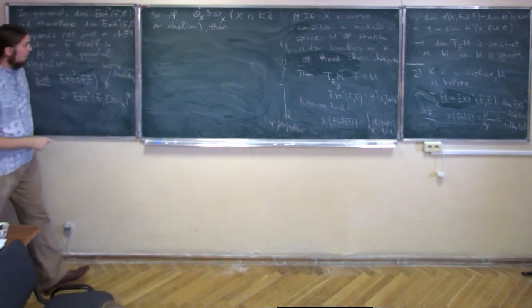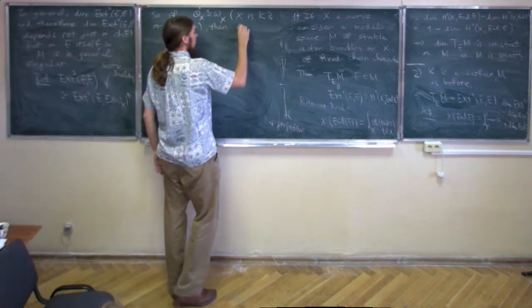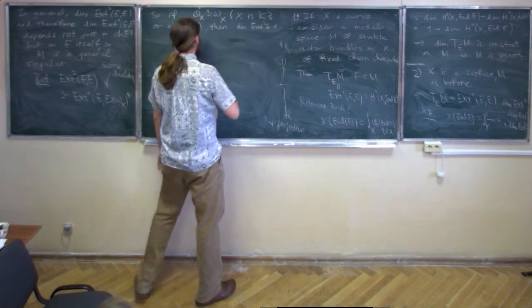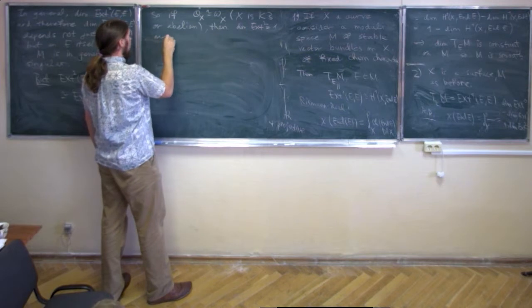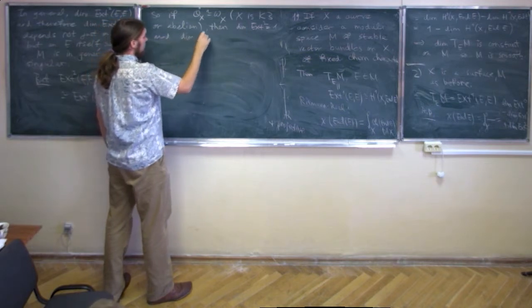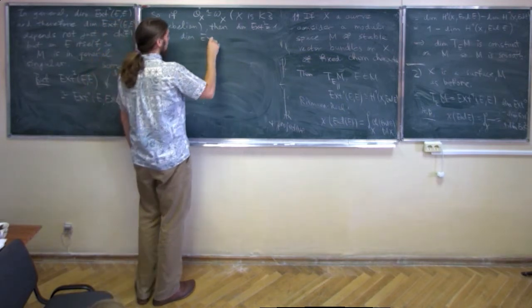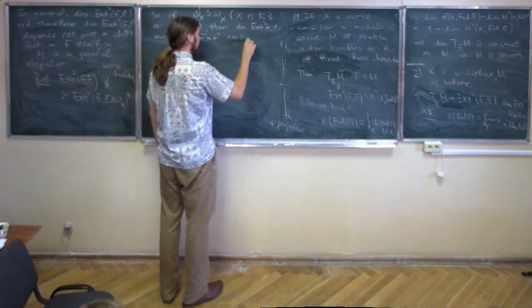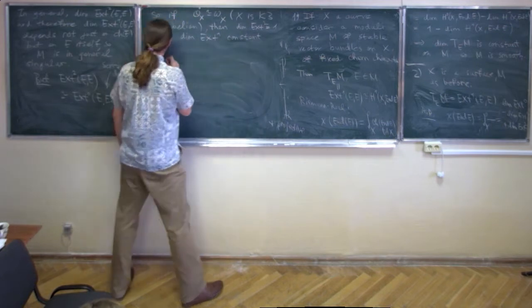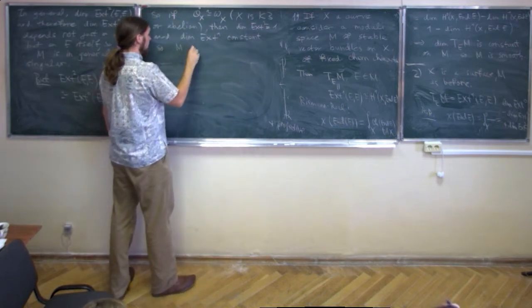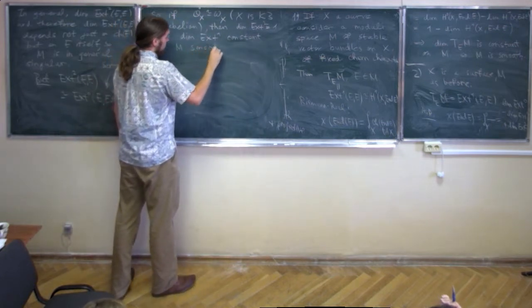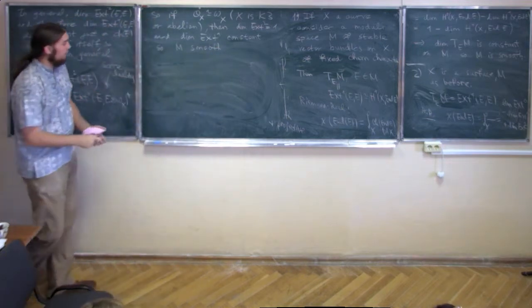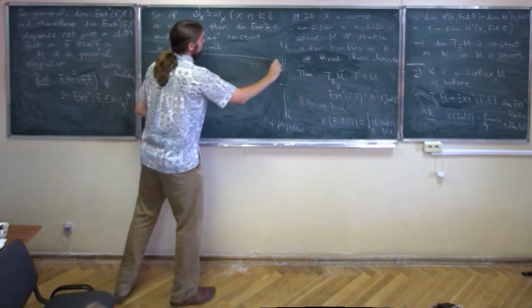Then the dimension of Ext2 equals 1, and the dimension of Ext1 is constant. It's given just by Riemann-Roch. So this is the nice case for surfaces when the canonical bundle is trivialized. Then you can do something.